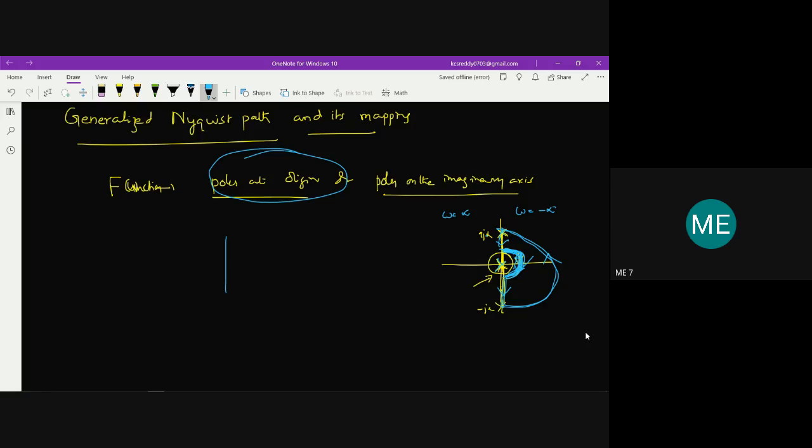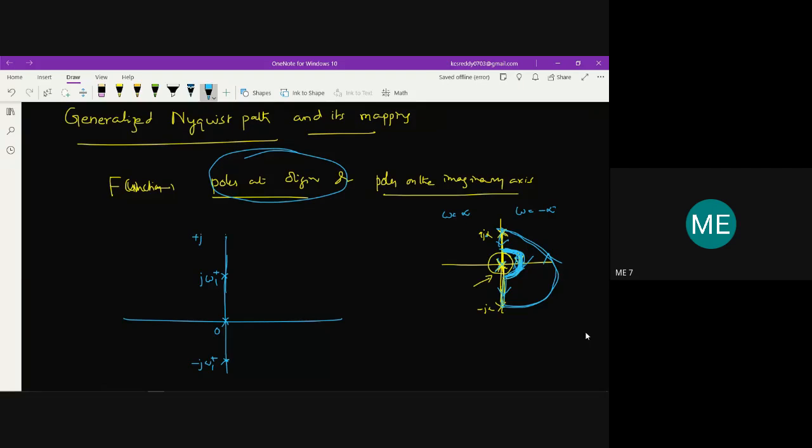Say there is a pole at the origin and one more pole at, say, minus j omega 1, with omega 1 plus and omega 1 minus being the positive and negative values. Then the Nyquist path starts from plus j infinity and goes to minus j infinity.